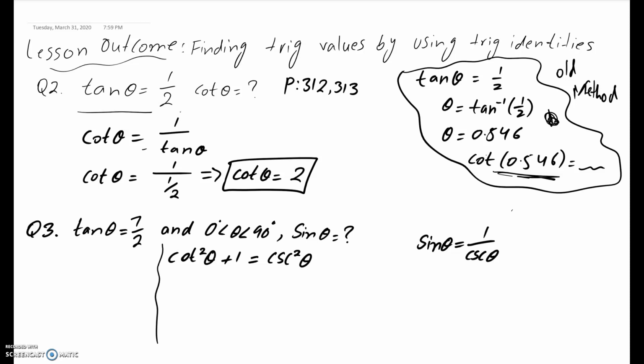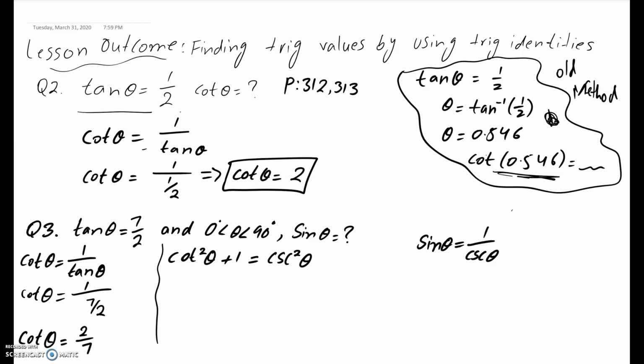Cot theta equals 1 over tan theta. Substitute the value of tan theta: cot theta equals 1 over 7 over 2. Now cot theta equals 2 over 7.